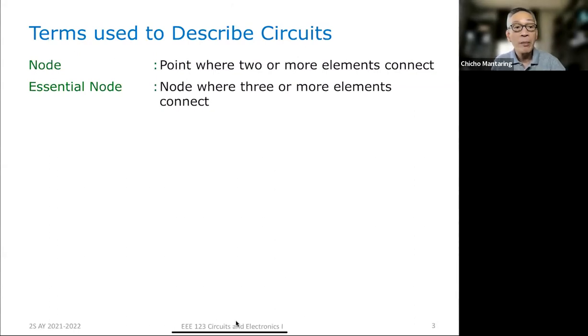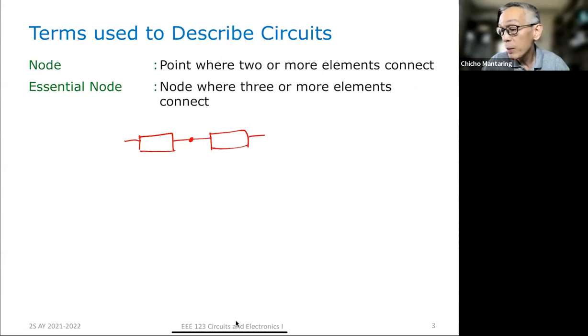Because if you have a point where only two elements connect, for example, I have here element 1 and element 2, this is a point where only two elements connect.